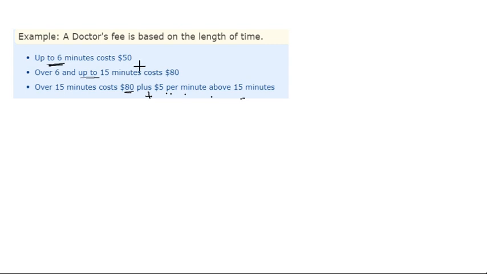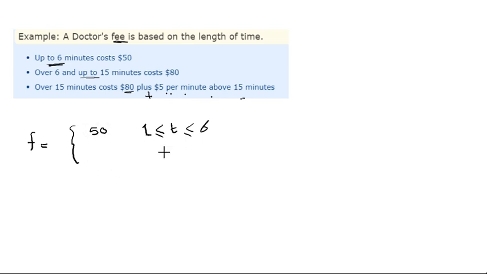We can say that the cost, or the fee, we will say it's f of x equals. If your time is up to 6, meaning between 1 (of course it's not 0) and 6 minutes, you will pay $50.